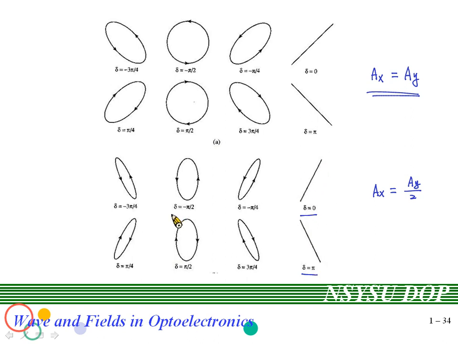But for these two delta values, now you will have elliptic polarization because the amplitudes of these two components are not equal to each other. And for the other values of delta, you will obtain elliptic polarization, right hand and left hand. These are all the kinds of polarization we consider here.